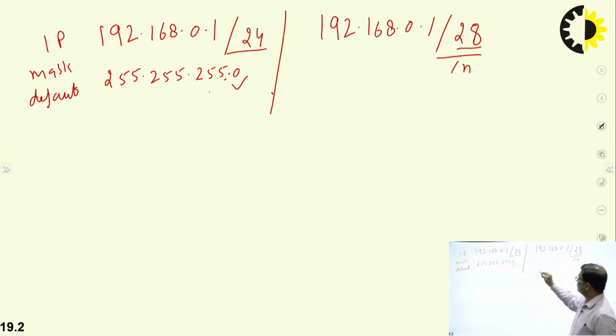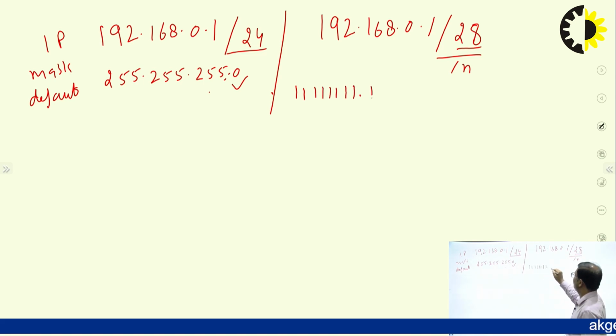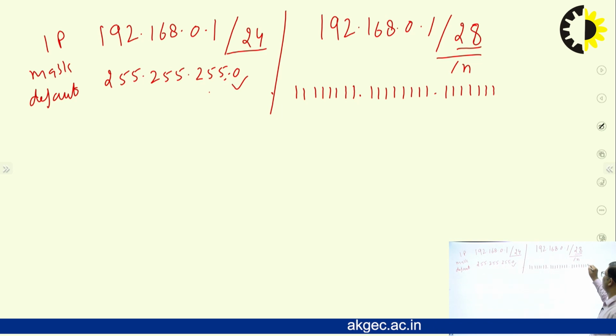What will be the mask for the first 28 bits? That is 1, 2, 3, 4, 5, 6, 7, 8 dot 1, 2, 3, 4, 5, 6, 7, 8, 16, 17, 18, 19, 20, 21, 22, 23, 24, 25, 26, 27, 28, and the rest are zeros.